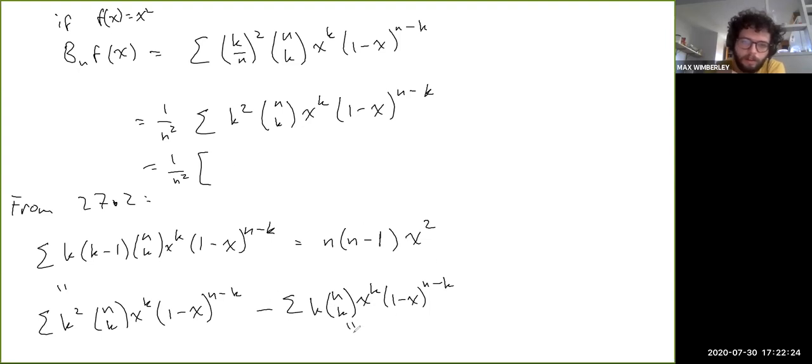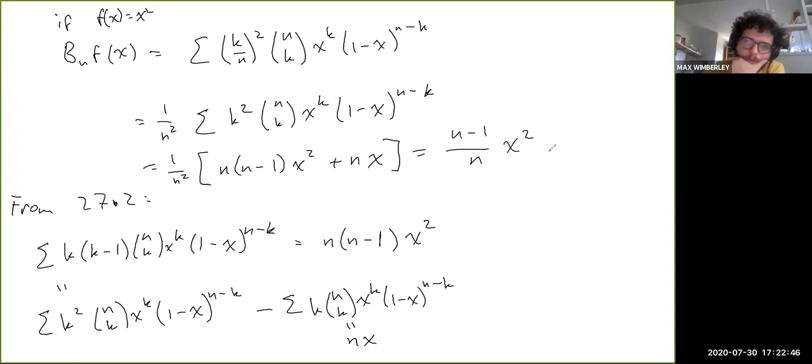But this here we already computed. That's just n times x, right? So it's n times n minus 1 x squared plus nx. So this is n minus 1 over n x squared plus x over n.